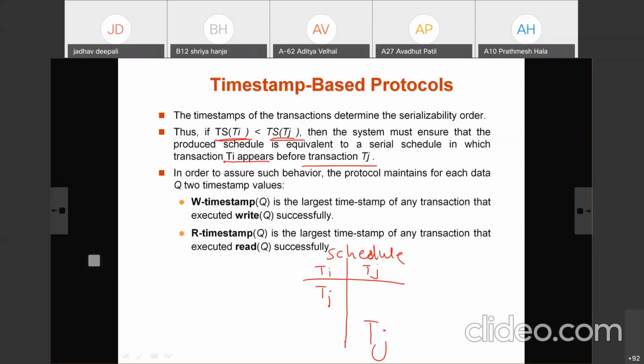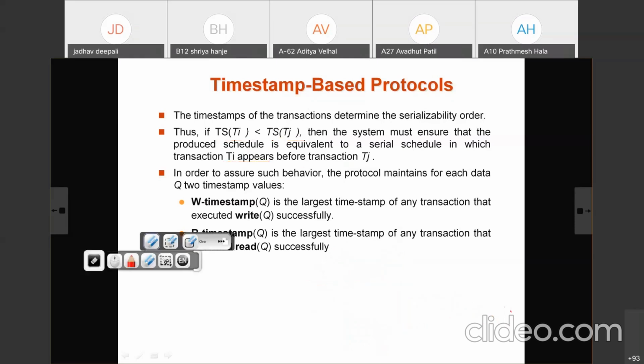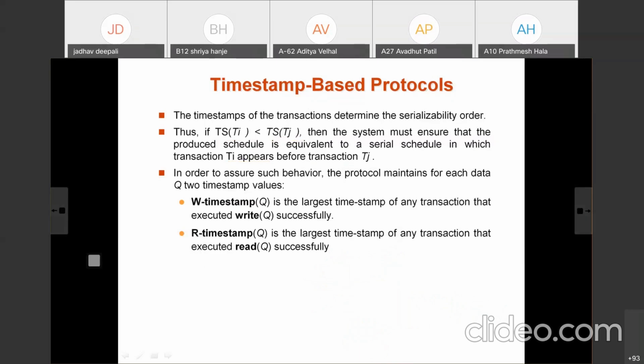If it is concurrent, then we need to check whether it executes properly or not. It is sure that transaction TI executes first and then transaction TJ.